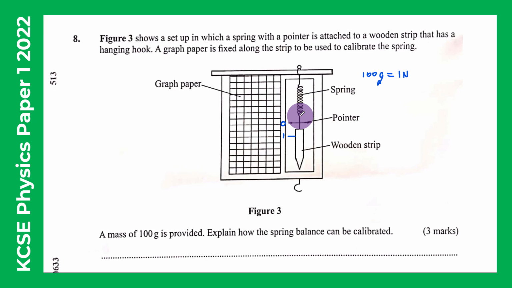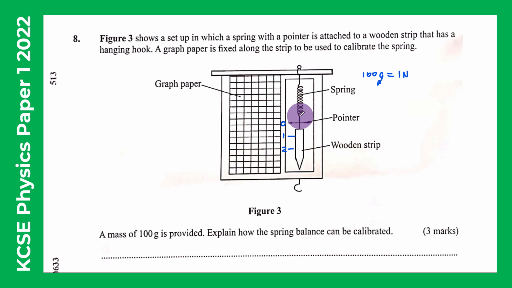Then that is all we need to do, because the rest of the working is like this. We are going to identify the length of this extension, because this is the size of the extension, and then we repeat that extension here. We put a mark here and call that mark 2.